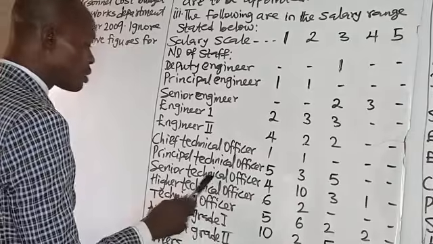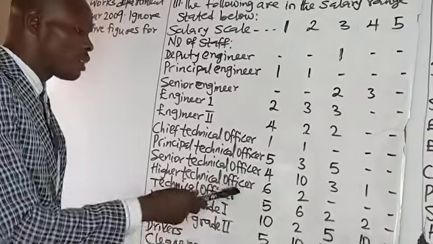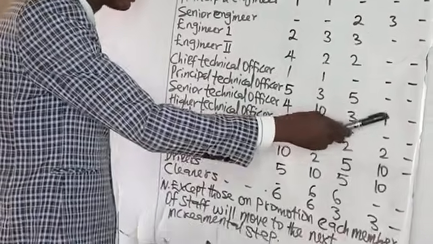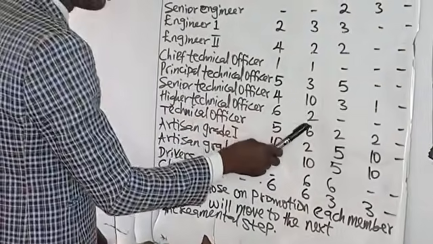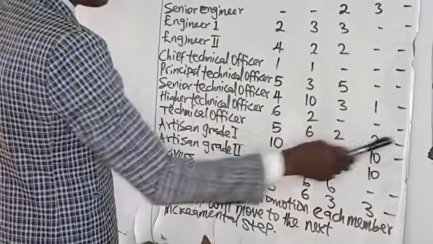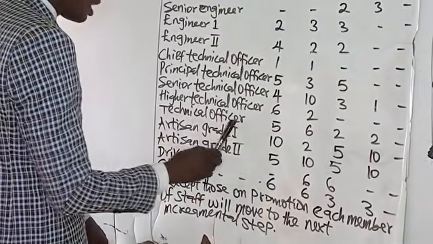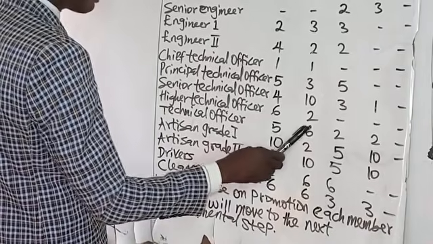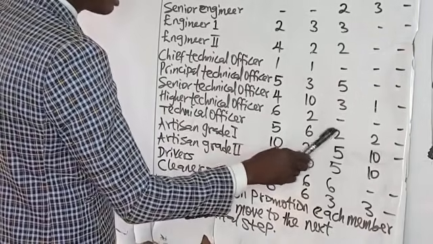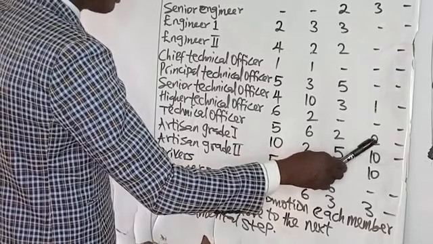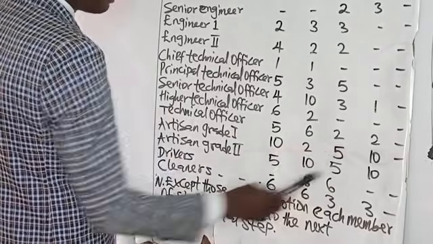Senior technical officer step 1 4, step 2 10, step 3 3, step 4 1, step 5 nil. Higher technical officer step 1 6, step 2 2, step 3 to 5 nil. Technical officer step 1 5, step 2 6, step 3 and 4 2 each, step 5 nil.